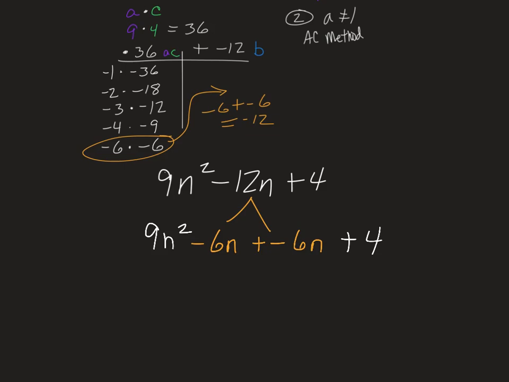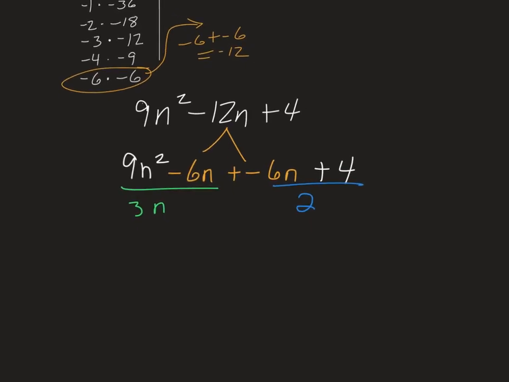So remember, to group, I'm going to group those two together, and I can factor a 3n out of those two. I can factor those two together and factor out a 2. So out of the first set, if I factor out that 3n, that's going to leave me 9 divided by 3, of course, is going to leave me with a 3n. 6 divided by 3 is going to leave me with a negative 2.